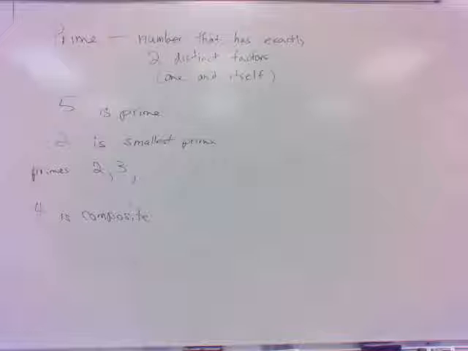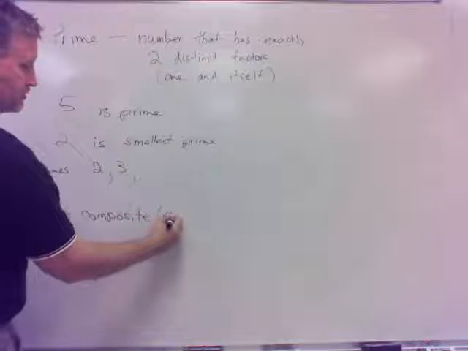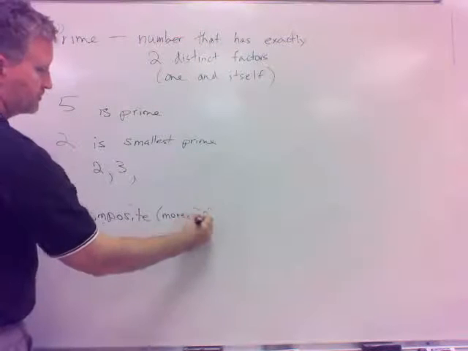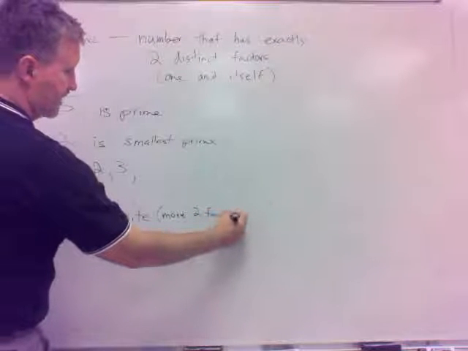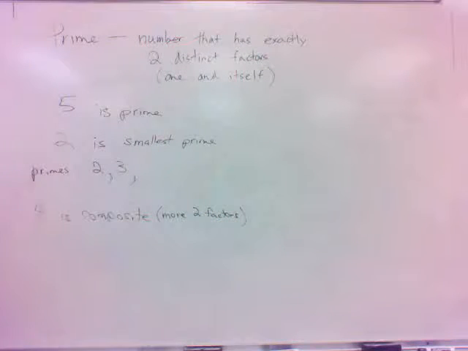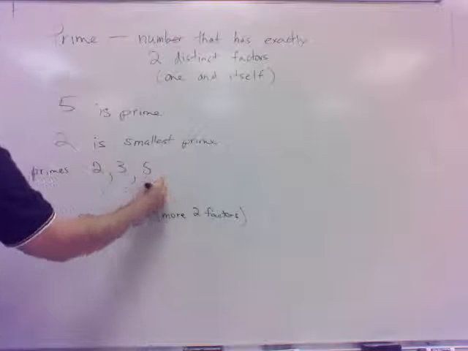And a composite number means it has more than 2 factors. And 4's got 1, itself, and 2. So it has 3 factors. So any number that has more than 2 factors is composite. So 4 is not a prime. 5 is.